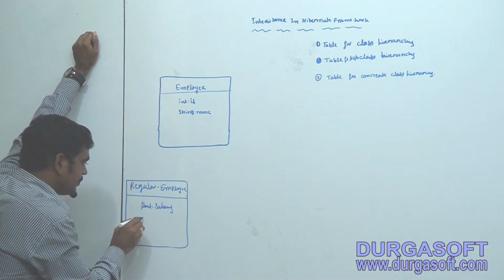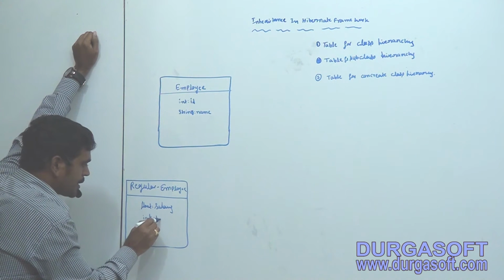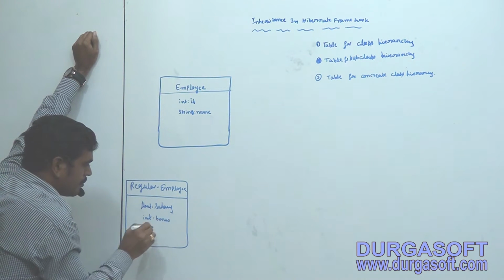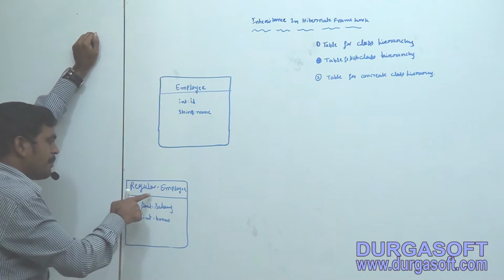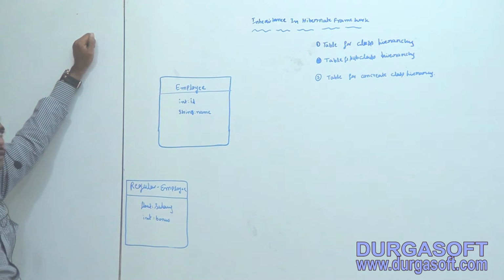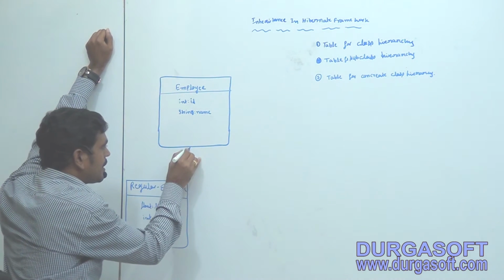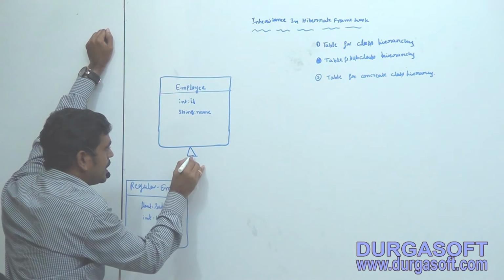Number two, int bonus. But this regular employee also has ID and name. That ID and name I am going to inherit from the parent class called employee.